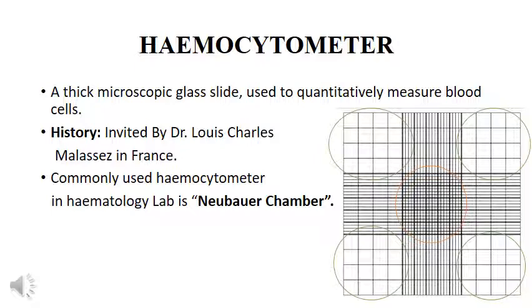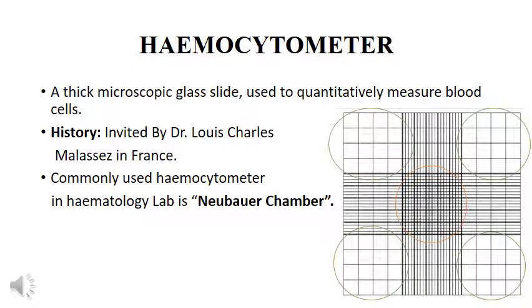A hemocytometer is a device which is used to count the exact number of cells in any sample, or in a very small amount of sample, after proper dilution with recommended reagents or fluids.